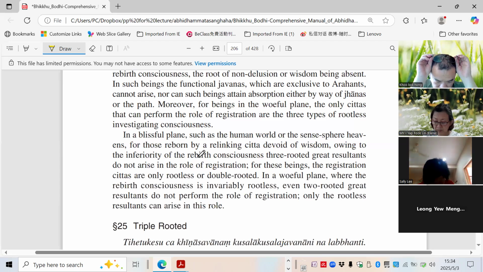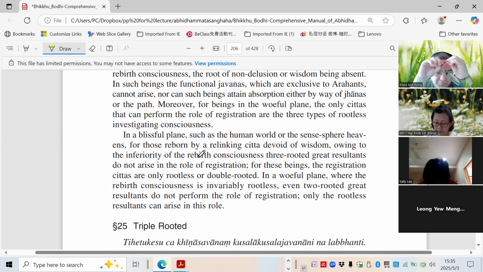Moreover, for beings in the woeful plane, the only cittas that can perform the role of registration are the three types of rootless investigating consciousness. In a blissful plane, such as the human world or the sense-sphere heavens, for those reborn with a relinking citta devoid of wisdom, owing to the inferiority of the rebirth consciousness, three-rooted great resultants do not arise in the role of registration.